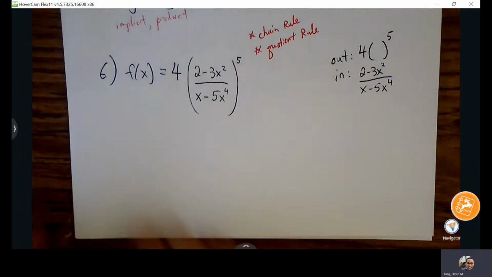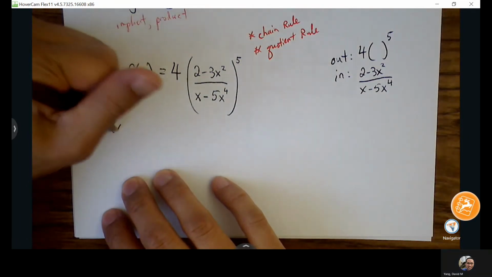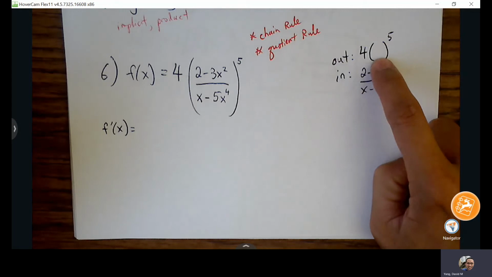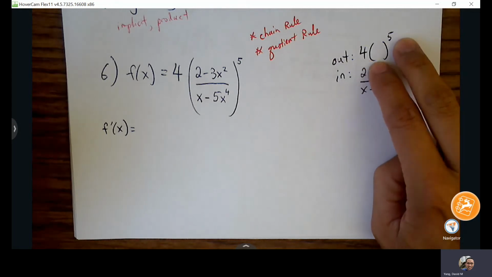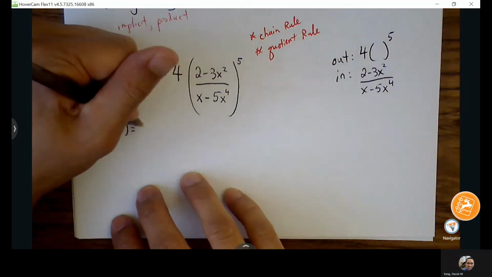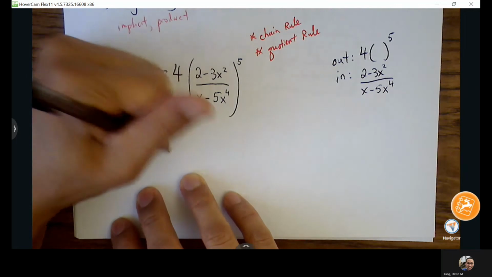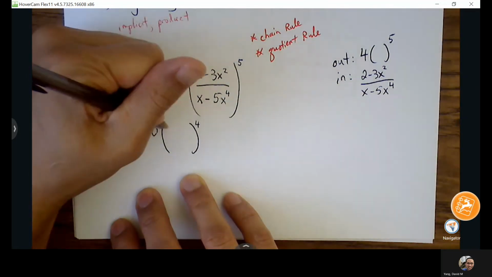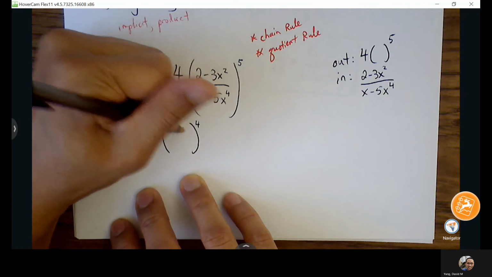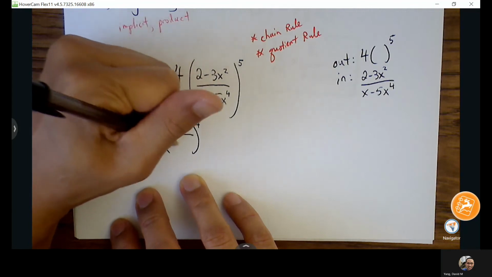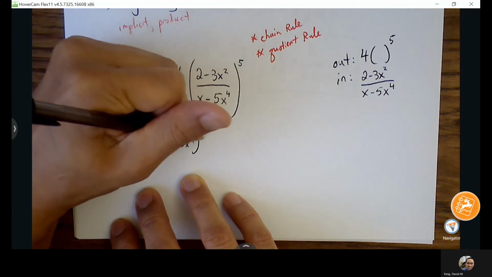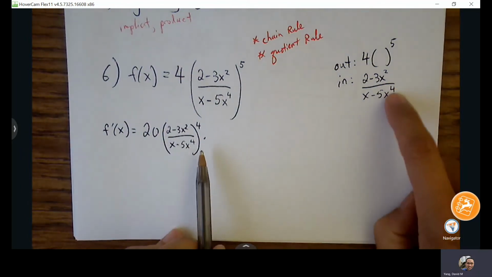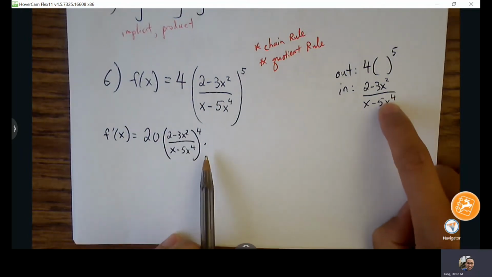Outside's derivative first. This is power rule. Pretend parentheses is its own variable. 20 parentheses to the 4th power. Once we reach inside the parentheses, we know we got to go through a quotient rule.